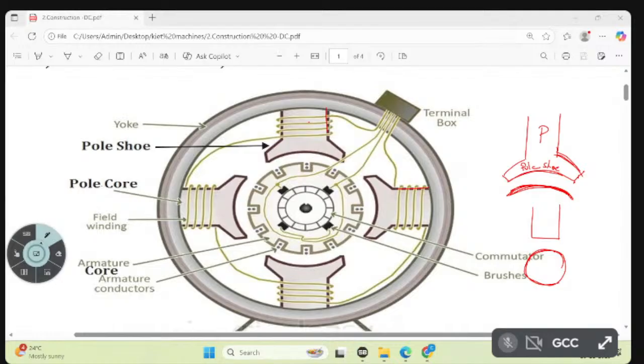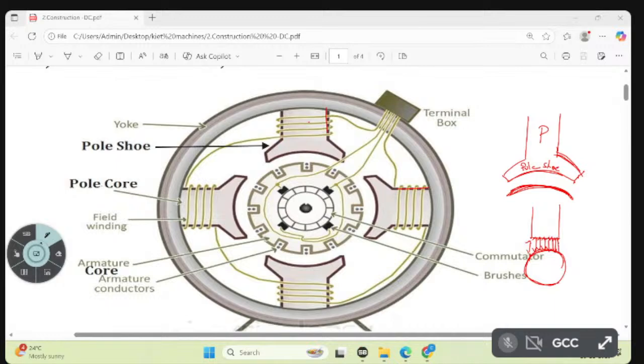See, what is the distance between here and here?